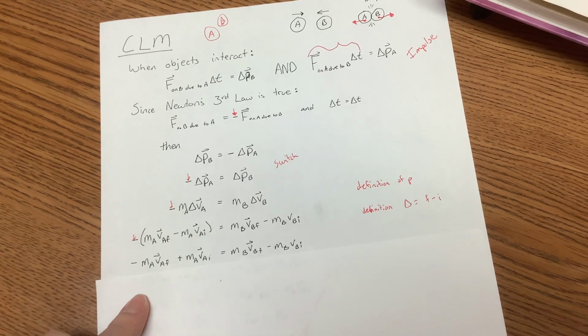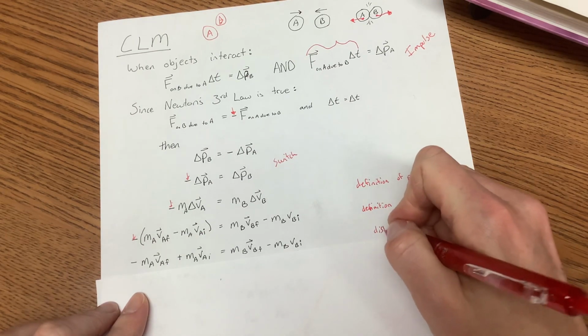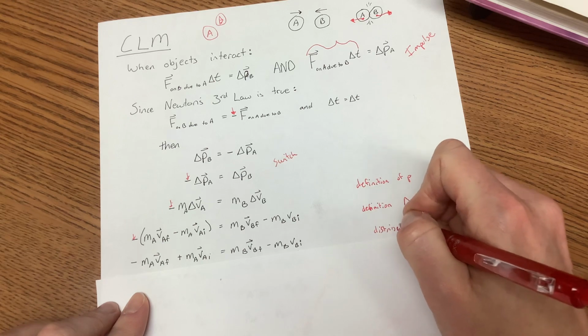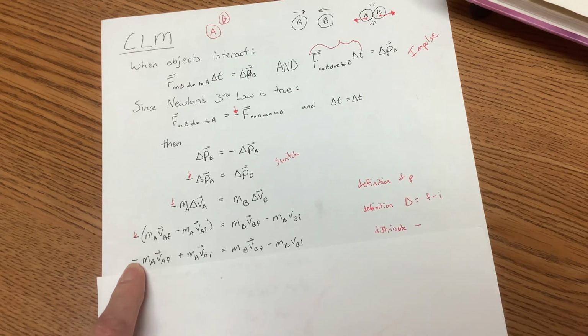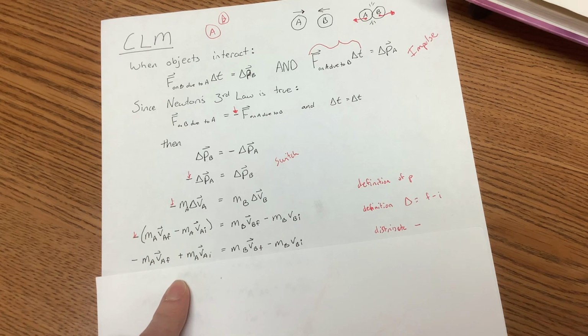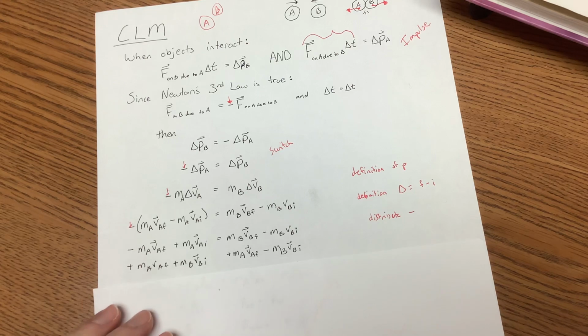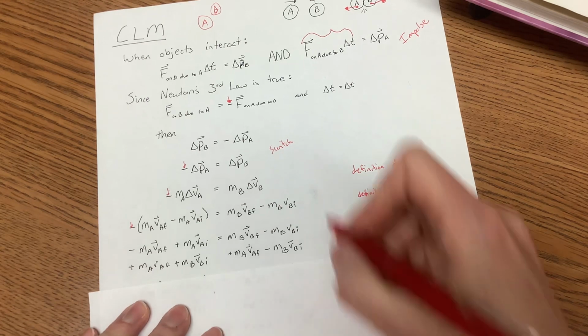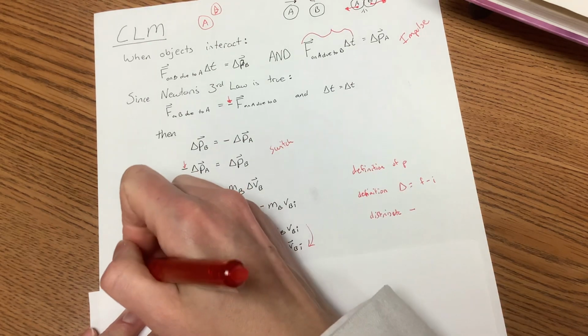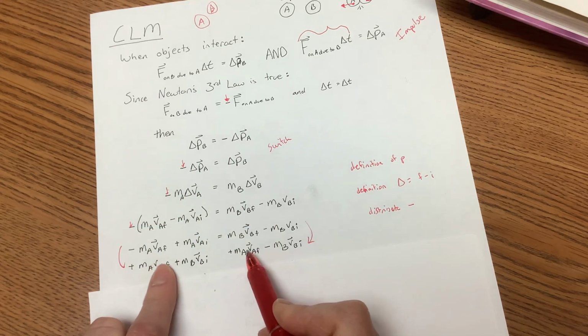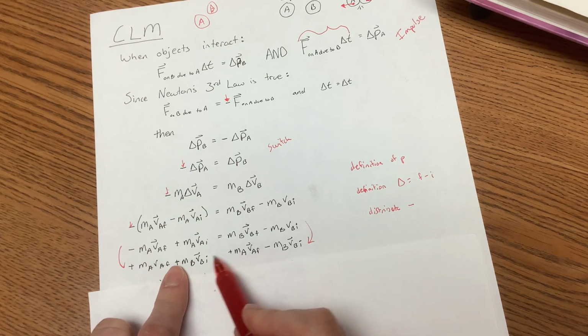For the next step, I distributed the negative. So now the negative and a positive here, so that negative moves across. I have distributed my negative, and the only thing I need to do on this step is like a two-step here. I'm thinking about what's happening over time.